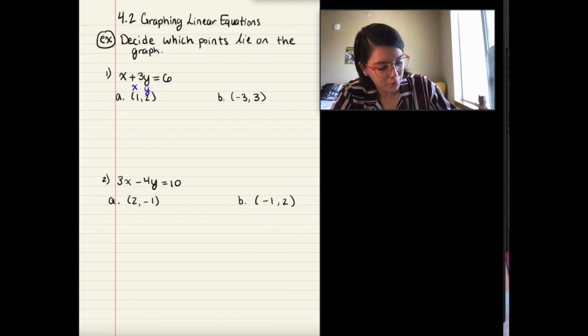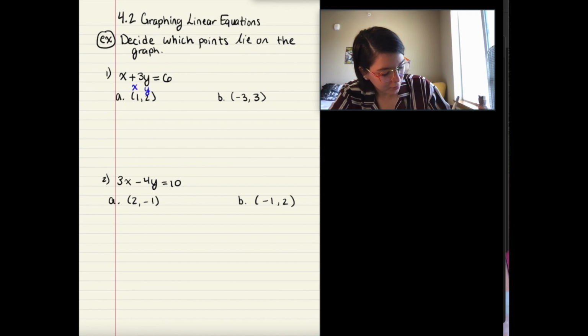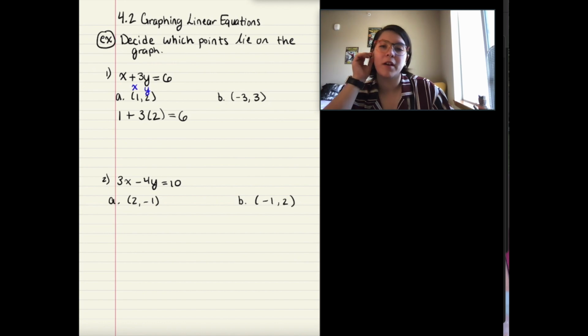So if we know our equation is x plus 3y is equal to 6, then what we can do is take our x coordinate, and anywhere there's an x, plug in 1, and anywhere there's a y, plug in our y coordinate 2. So we'll have 1 plus 3 times y, which in this case our y is 2, equals 6. So our job is to figure out if that statement is true or not.